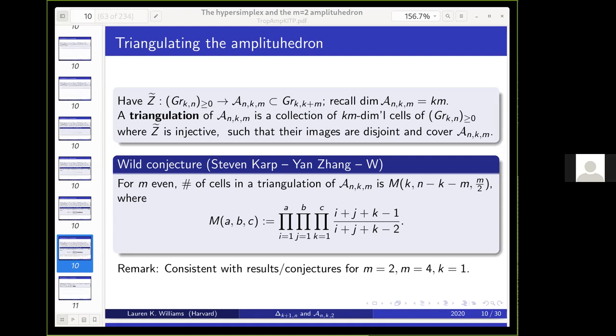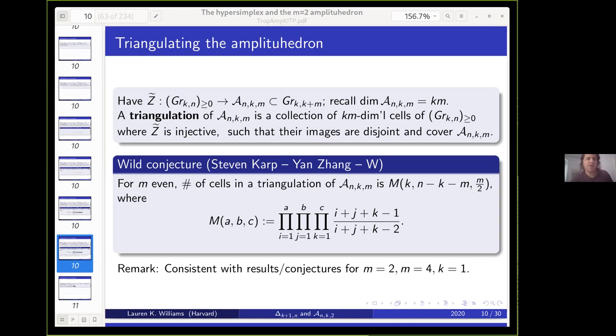I'm not sure I understand the question. Maybe I'll ask it another way. We know that for m equals 4, the boundaries of the momentum amplituhedron are not identical to the boundaries of the ordinary amplituhedron, right? That's correct.